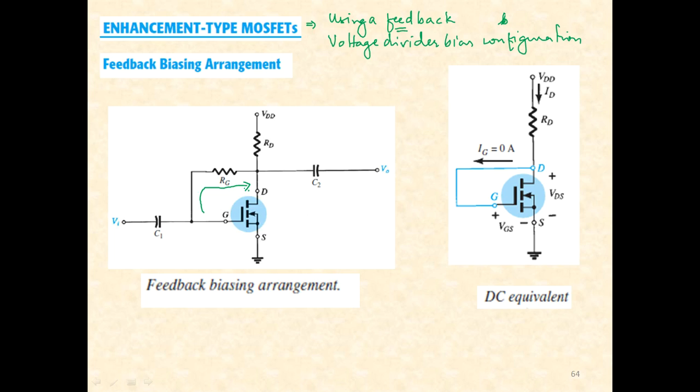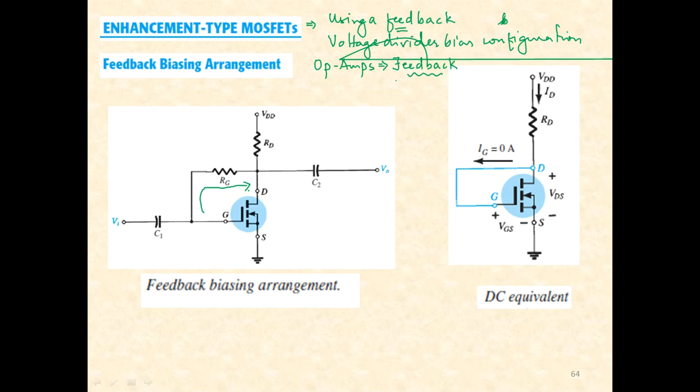Why are we interested in this particular circuit? The reason is, when you start studying op-amps, which are called operational amplifiers, most of the circuits are based on feedback. And in the feedback, the core device being used is either JFETs or MOSFETs.